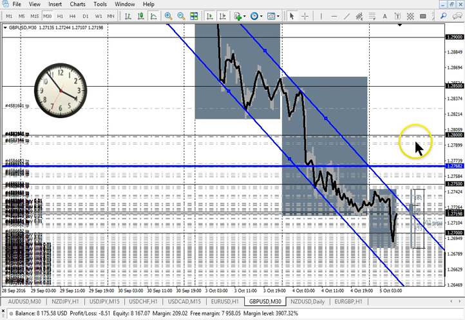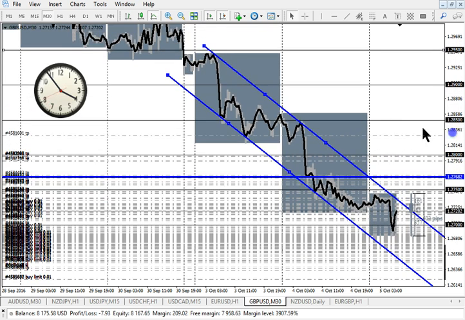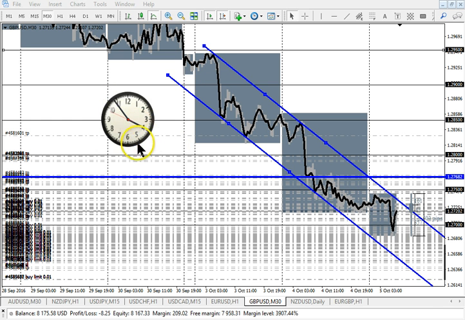Now, we pause there. The goal is to be long before this channel break, this trend line break. We're long on something. We could scalp out of that, and when the United States stock market opens in 3.5, 4.5 hours here, we could be smashing down lower.